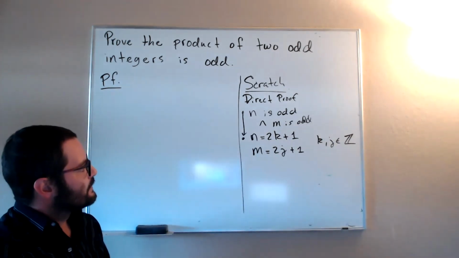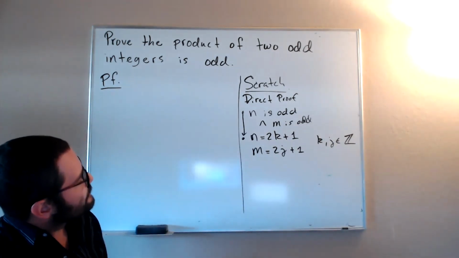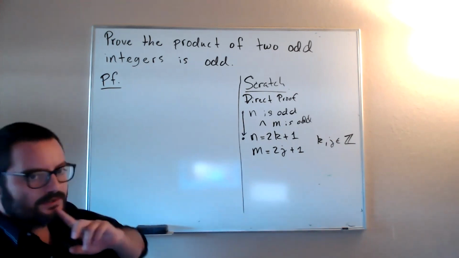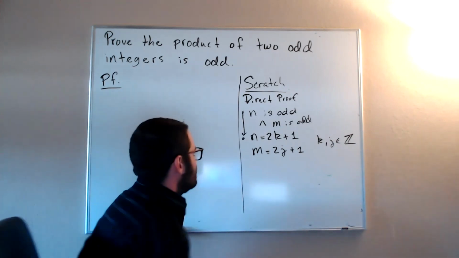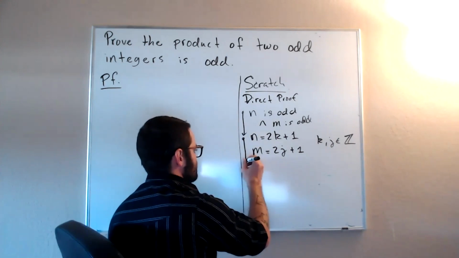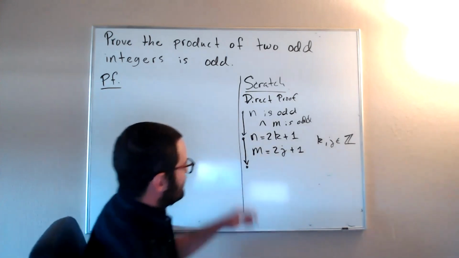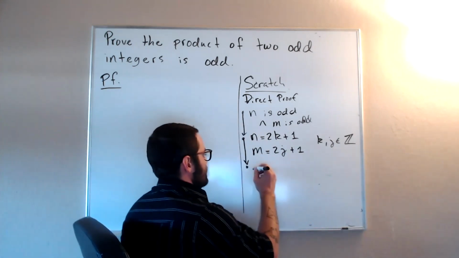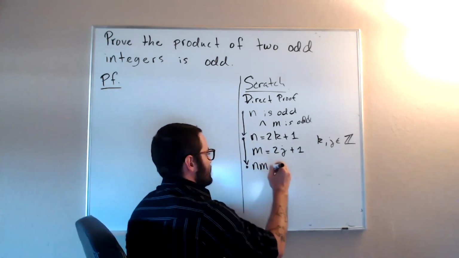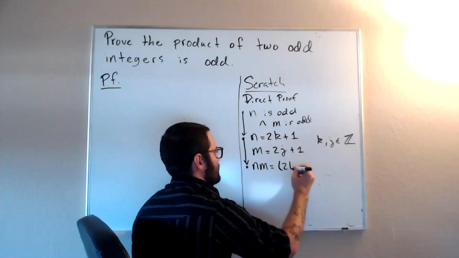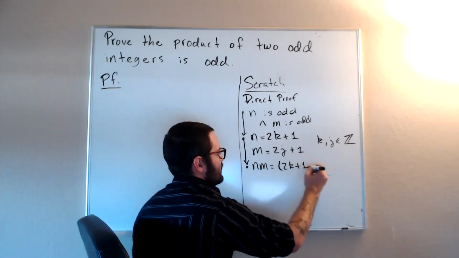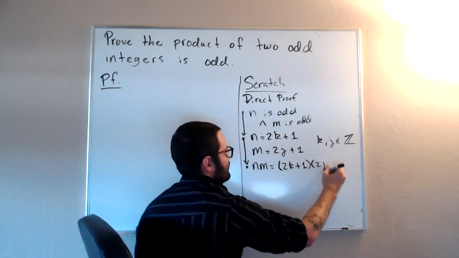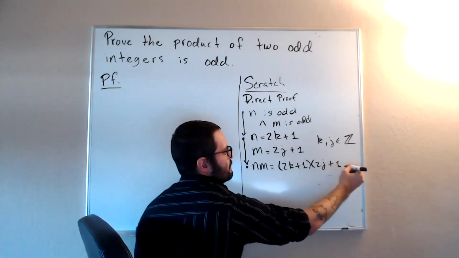Okay. So now that we've referenced the definition, we need to look at the product of these two things. So again, n and m are just arbitrary odd numbers. Okay? So then n times m is equal to 2k plus 1 times 2j plus 1.